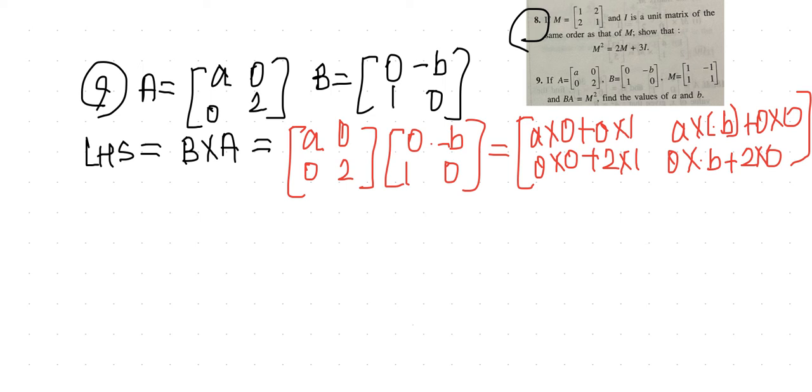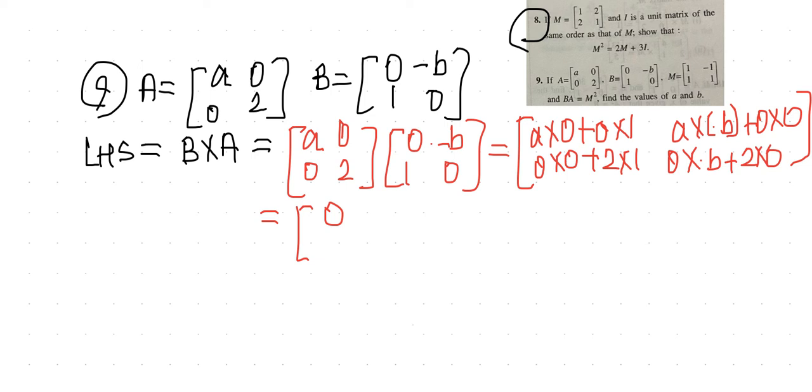Okay, so how much is this equal to, children? A into 0 is 0. Everything here is 0. A into minus B will be equal to how much, children? Just a second, children, what I have done.